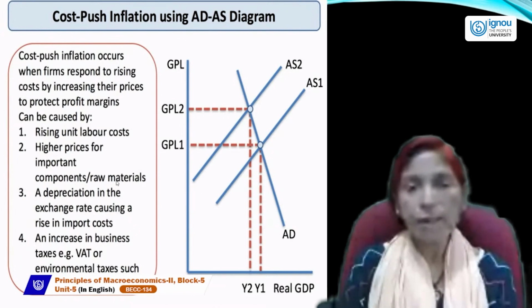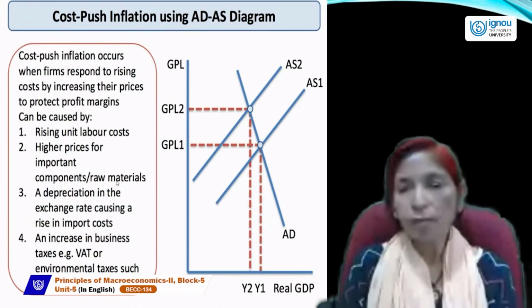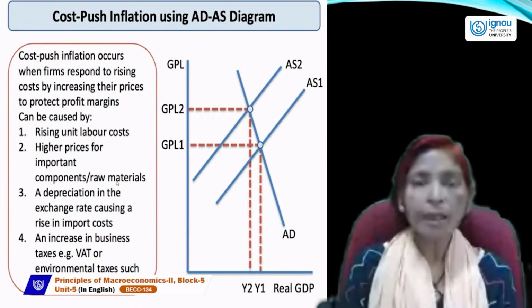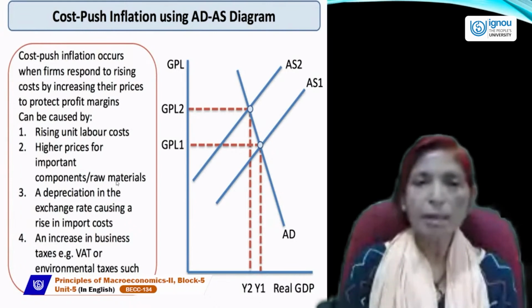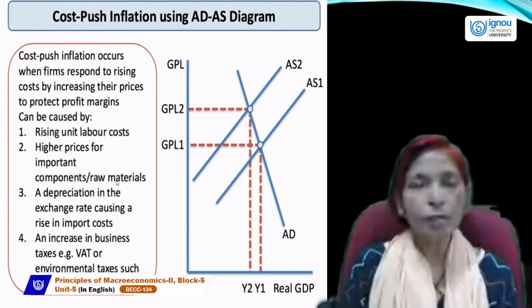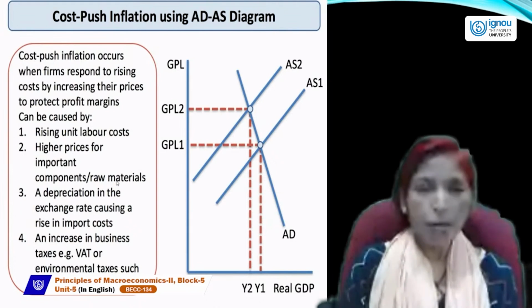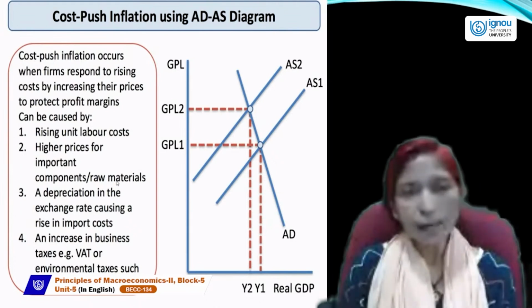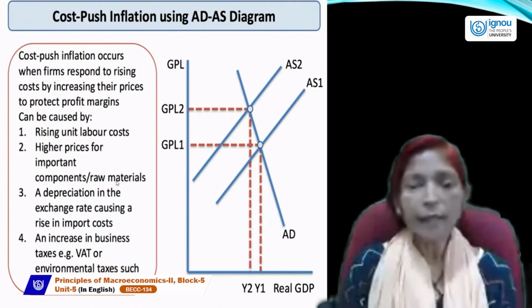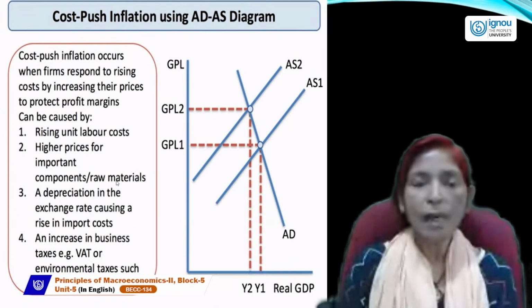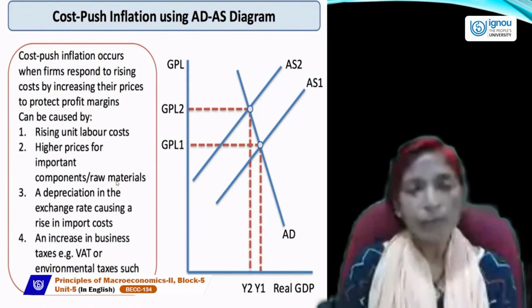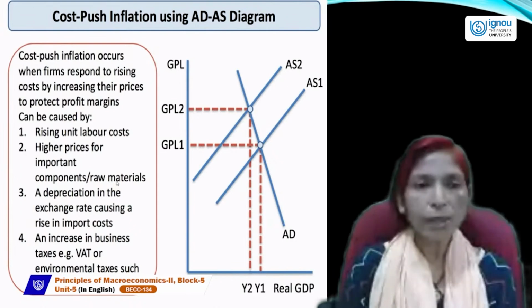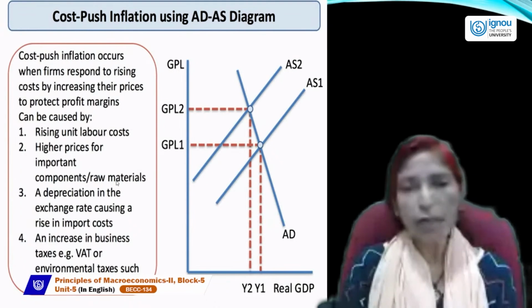When they produce less, aggregate supply will fall and the curve will shift to the left hand side. As supply decreases, the supply curve will again and again shift to the left hand side. Due to this leftward shift of the aggregate supply curve, price will increase and output or income level will fall. So this is the main reason behind cost push inflation, an increase in the cost of all the producing goods.